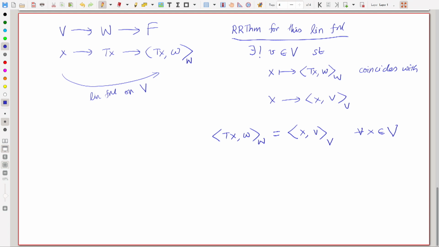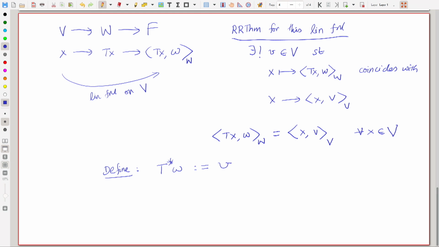This tells me what I should define T star as. How did that v come about? It came because I fixed my w, right. So I will now say, this w I will map to this v.